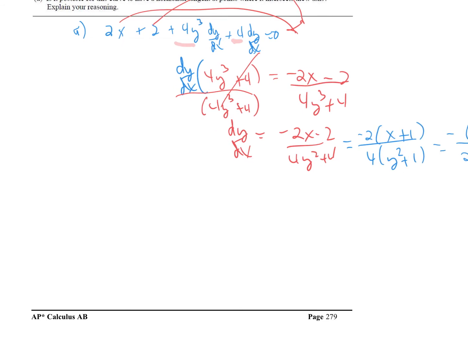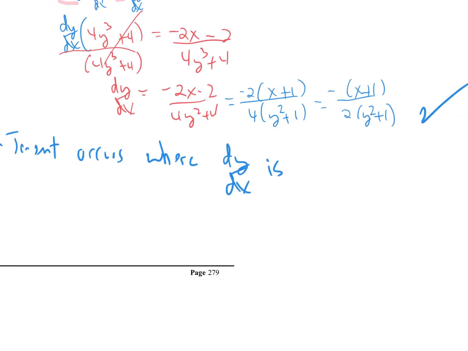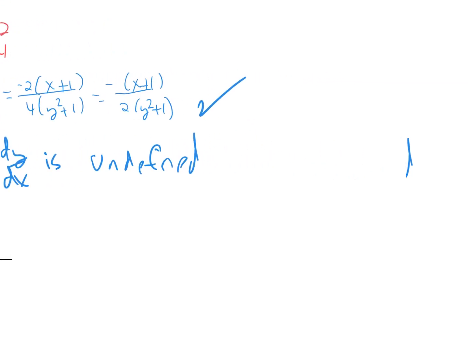Now you need to remember that a vertical tangent occurs where dy/dx is undefined. So that means, I'll make another note, the denominator is 0.